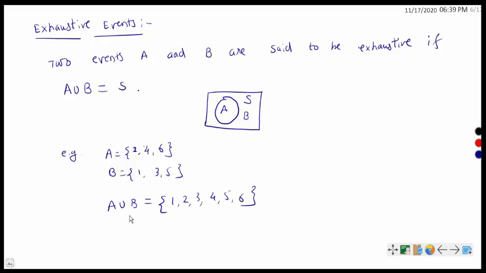A union B is nothing but the union of all elements from A or B. 1 is in B, so we will take it here. 2 is in A, we will take it here. 3 is in B, 4 is from A. So A union B is equal to S. So A and B are exhaustive events for the random experiment of rolling a dice. These two events are called exhaustive if their union is S.